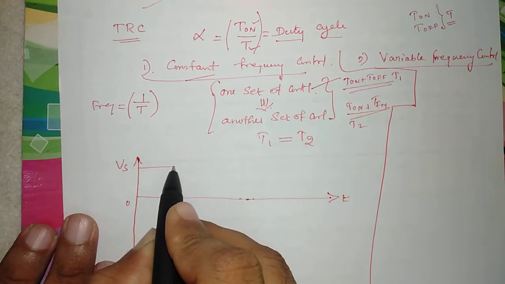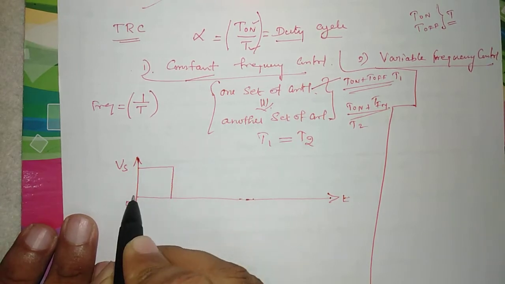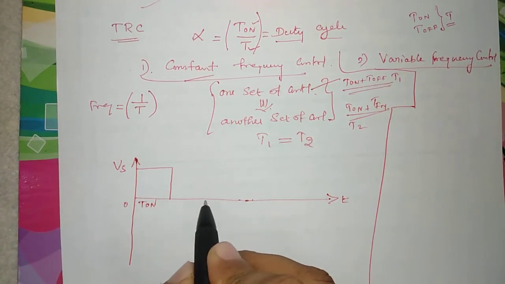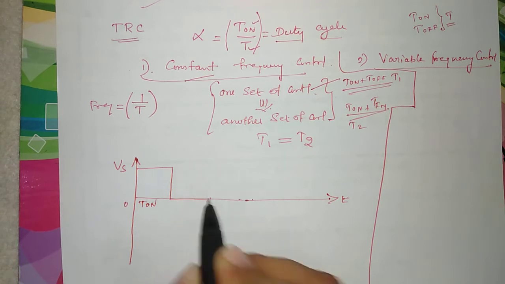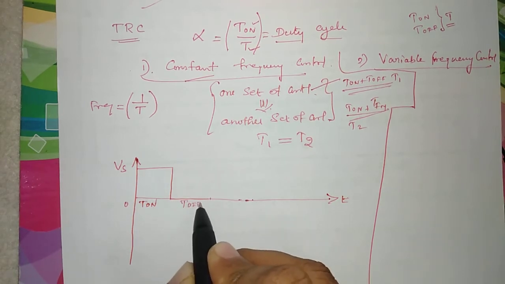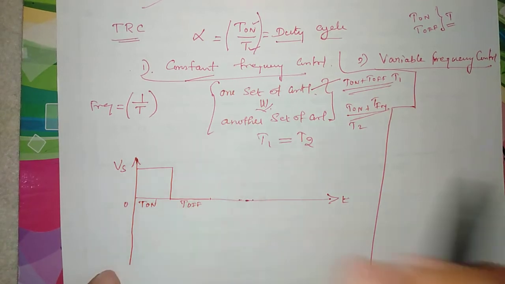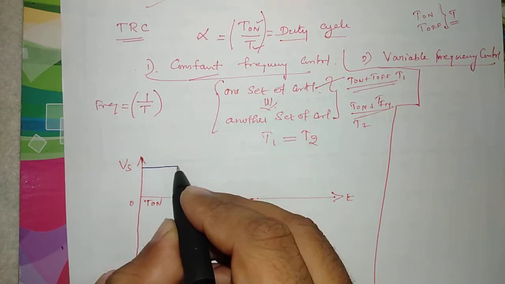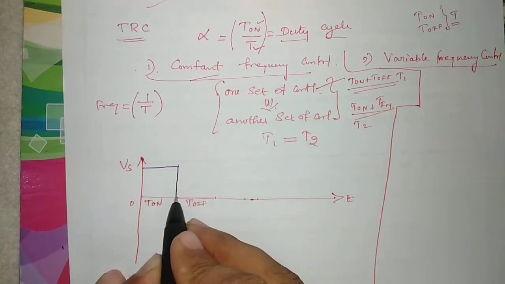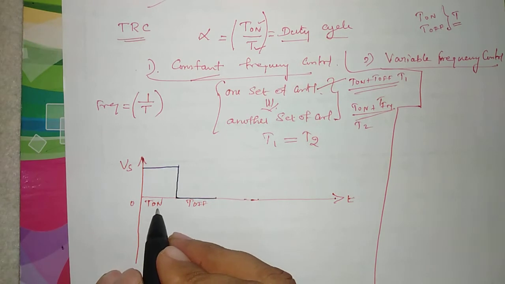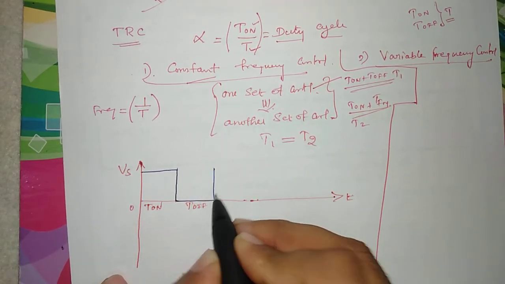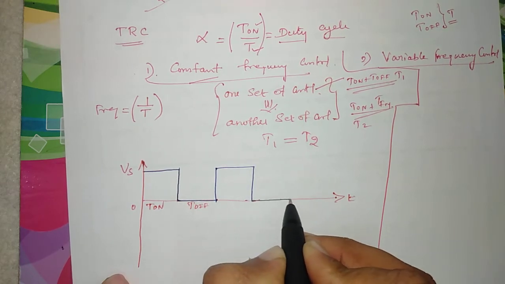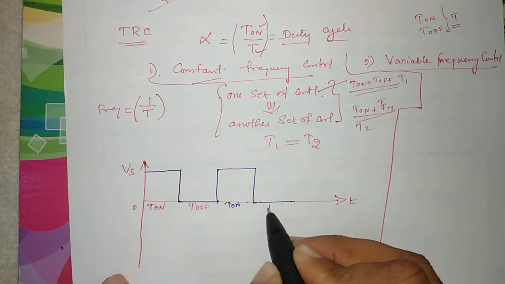Initially the switch is turned on, and up to this time it is turned on, after that the switch is turned off, and again the switch is turned on for some time and then turned off. That is our T on and this is our T off.